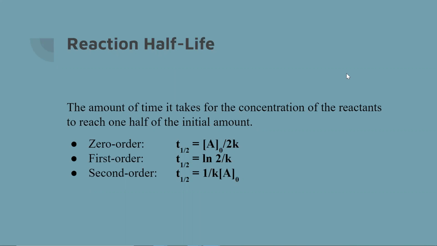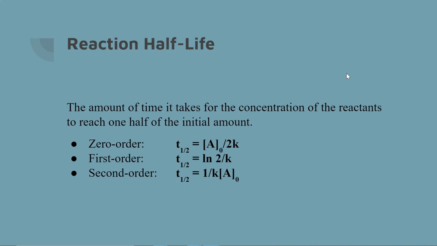So there are 3 equations here for different order reactions and half-life. The half-life of a 0 order reaction is equal to the initial concentration of A divided by 2 times your constant. For a first order reaction, it's equal to the natural log of 2 divided by your constant.